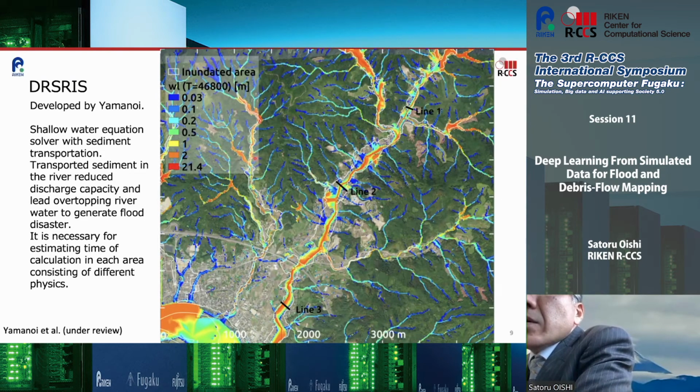This straight line-shaped water is the river, and the light green color shows the alluvial fan, the town we are living in. Basically, the water comes into the river, but here the water inundates the town. So it is our inundation simulation.